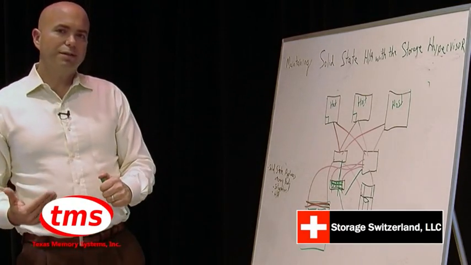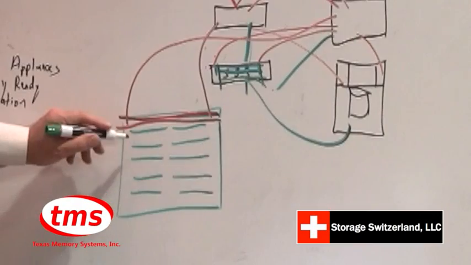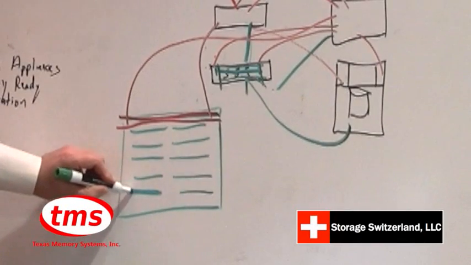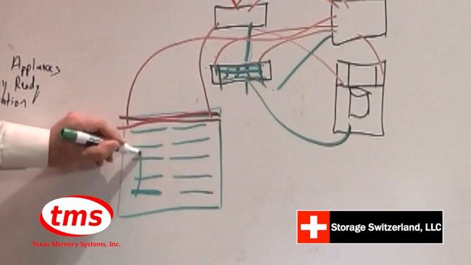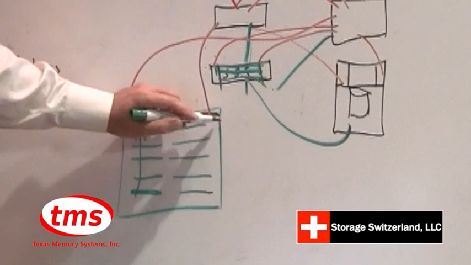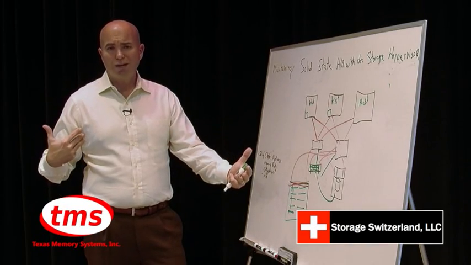What's interesting about this type of technology, for example, what Texas Memory is doing, is they now have the ability to have RAID protection on the board itself, and then they have RAID protection across the boards, so data is written across the boards, and then you also have the protection of the dual backplane. So what you end up with is really 3 times the protection.